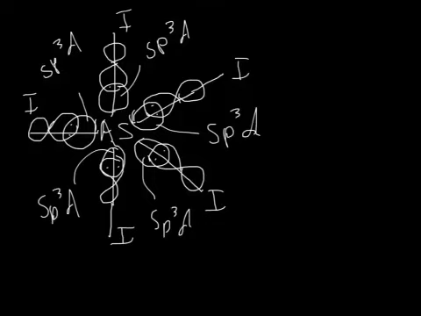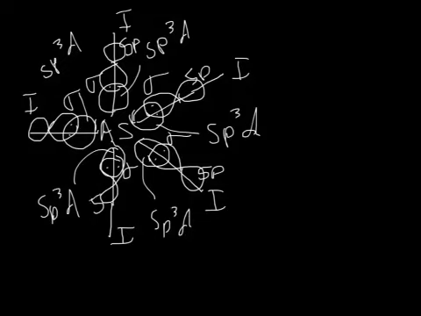You can even see our sigma bonds here. That's 1, that's 2, that's 3, that's 4, and that's 5. Don't forget to label your iodine, which is a 5p. So this is our contour diagram. Let me show you a photo so it looks a little more clear.